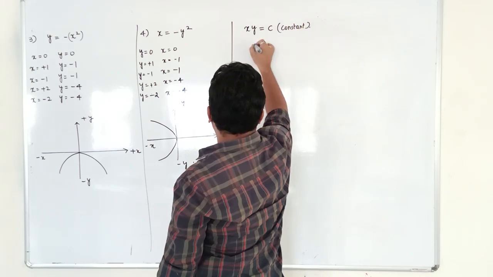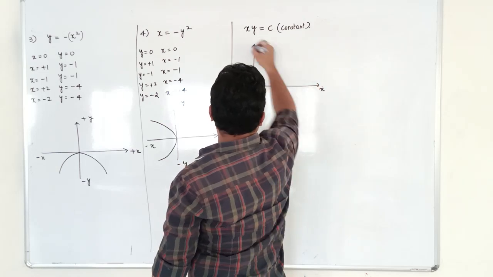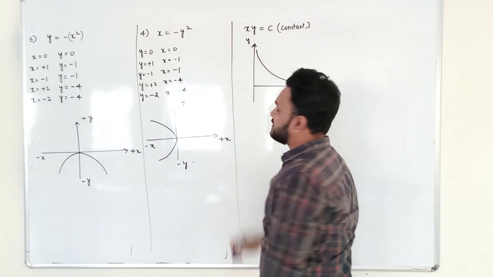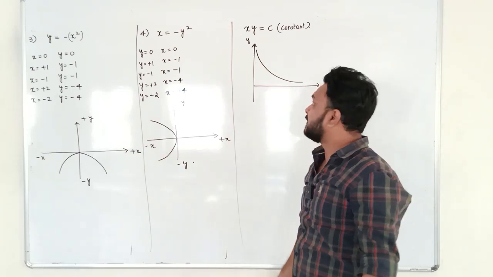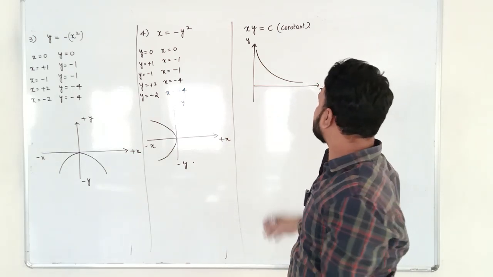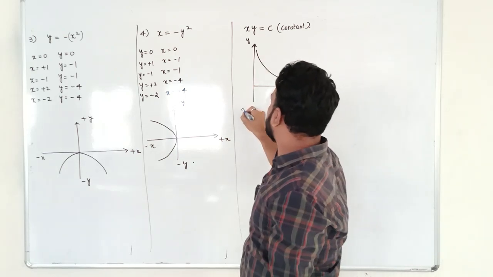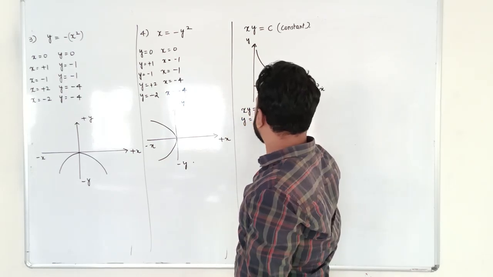Now if we take the graph, x and y axis, this is x, this is y. Now the rectangular hyperbola will be like this, xy equal to constant value. See here, xy equal to c, constant value, so y equal to c by x.